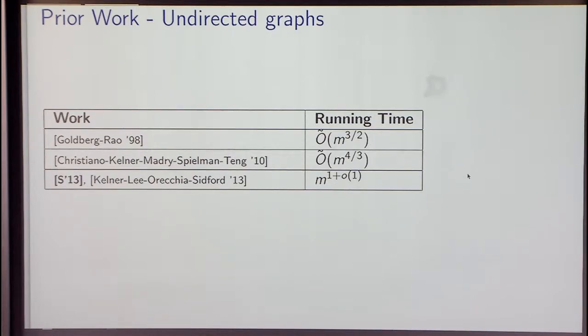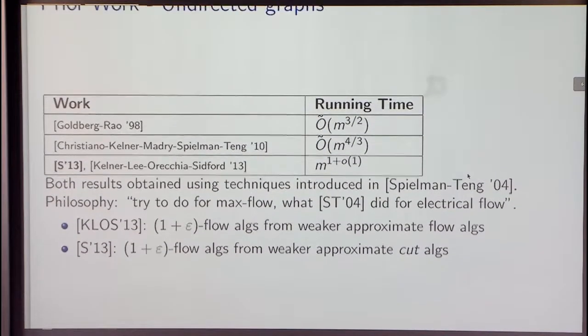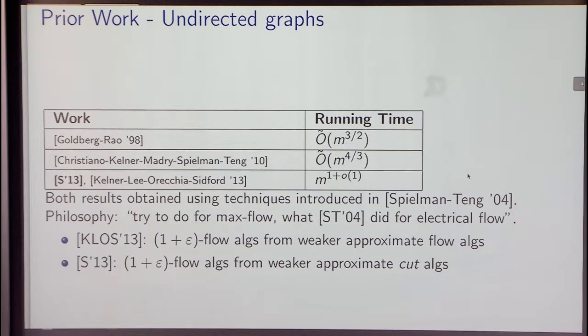And then in this work, we get it down to basically nearly linear, so m to the 1 plus o(1) times a function of epsilon. And independently, at nearly exactly the same time, Kelner, Lee, Orecchia, and Sidford also obtained the same ultimate running time, but via a slightly different algorithm. So I'll just mention that basically both of these results were obtained using techniques that were introduced in Spielman-Teng's paper for solving Laplacian systems.